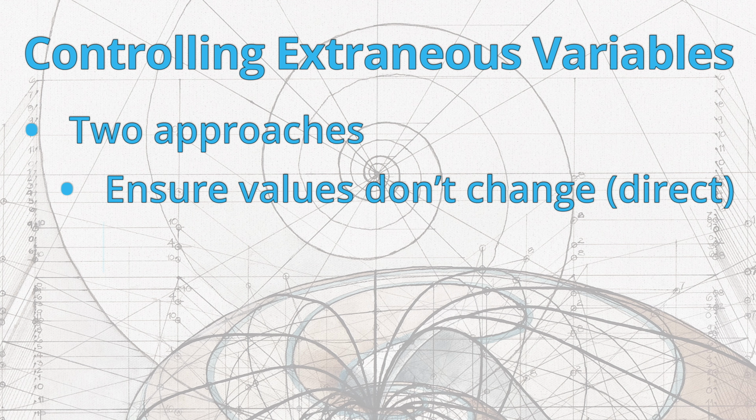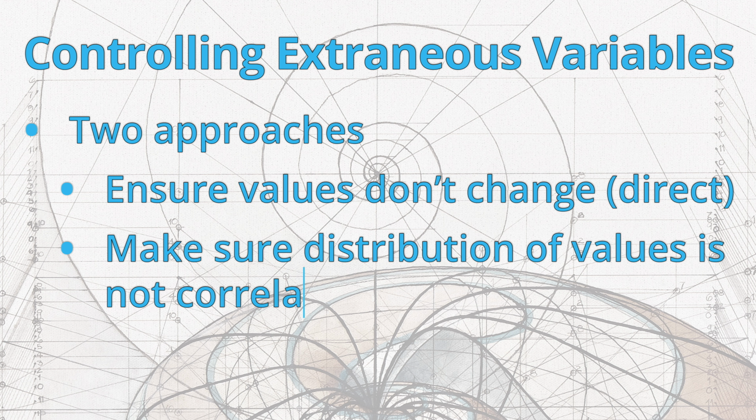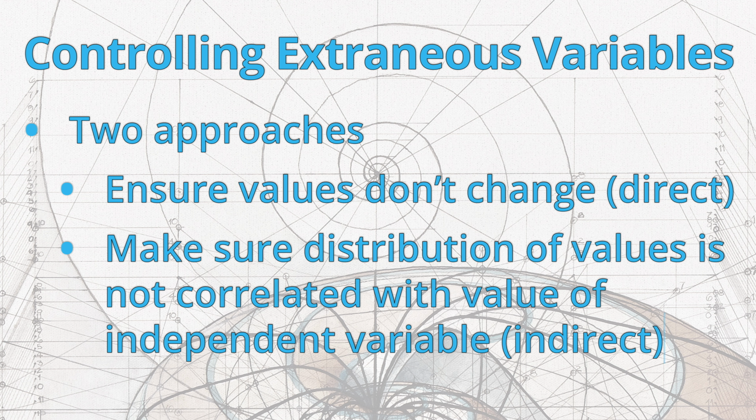A second approach for controlling extraneous variables is called indirect control. In this approach, scientists don't try to change the value of extraneous variables or even know what those values are. Instead, they try to make sure that variation in extraneous variables is not correlated with the intervention on the independent variable.